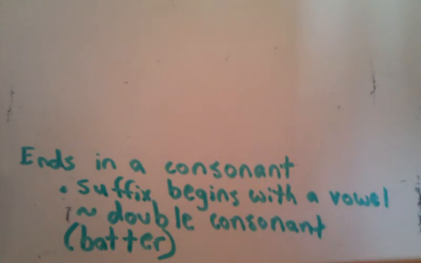All right. When adding suffixes to words ending in a consonant, if the word contains only one syllable and the final consonant is preceded by more than one vowel, don't double the consonant.